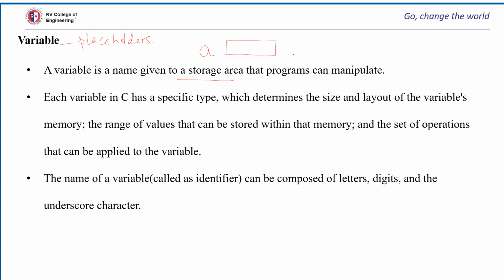So this is a memory, and for this memory area, I am giving the name A. How much data can I store here, and what data can I store here? These are all decided by something called the data type of a variable.